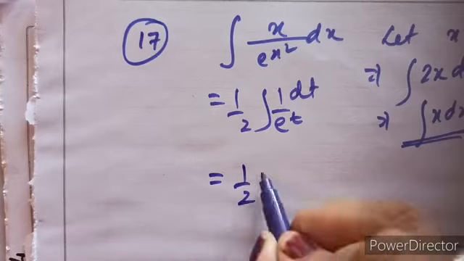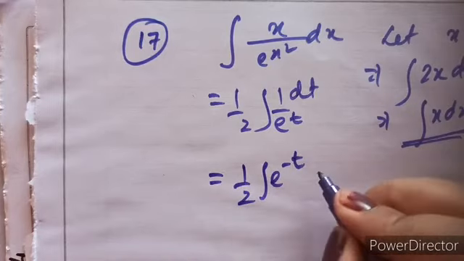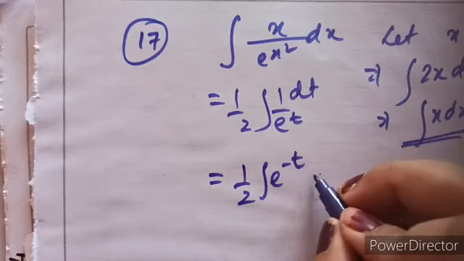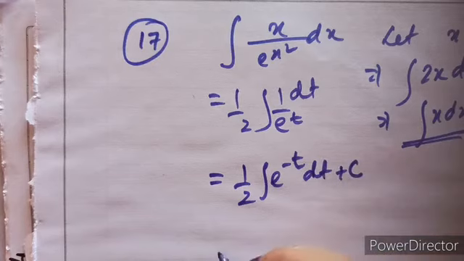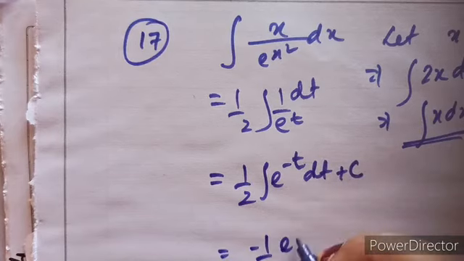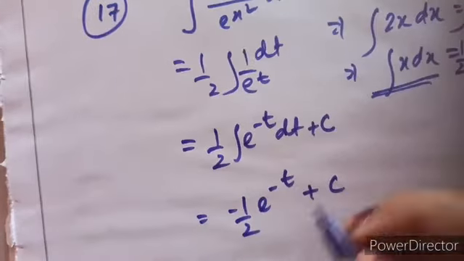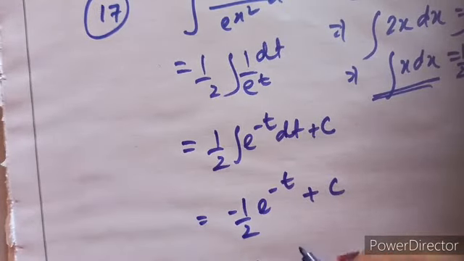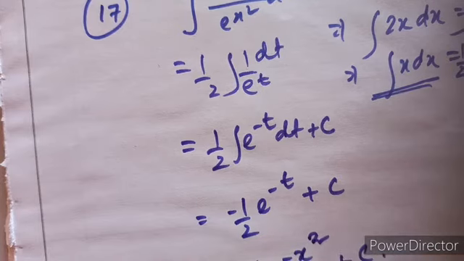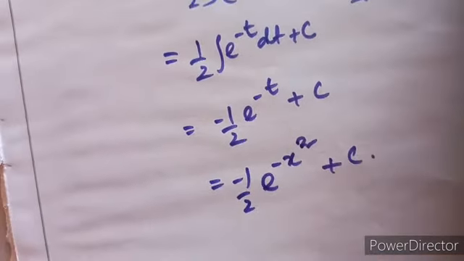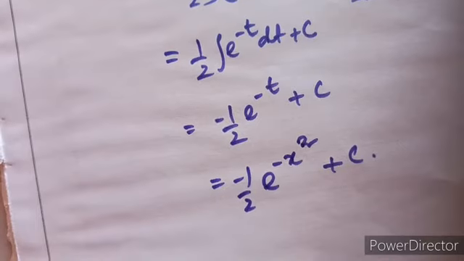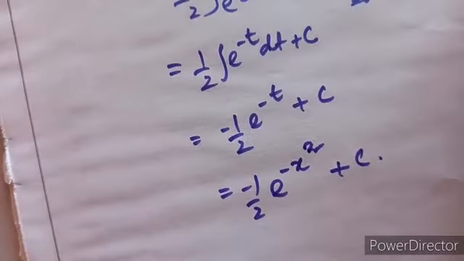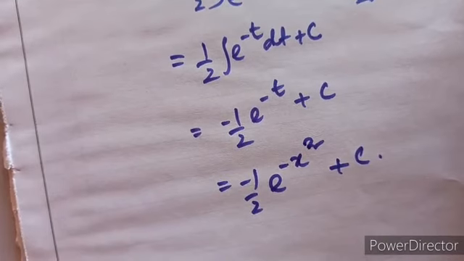That is half integration e to the power minus t dt plus c. So this will be minus 1 by 2 e to the power minus t plus c. That is minus half e to the power minus x square plus c. So this is the answer of your question number 17. So in this way we are doing the integration using the substitution.